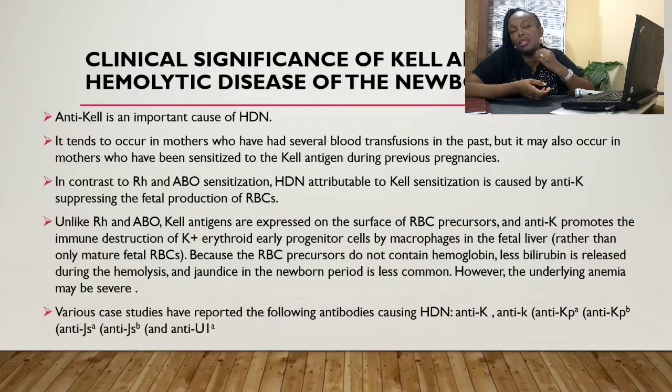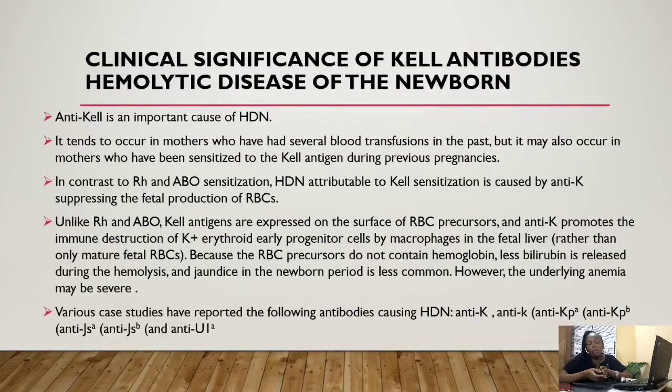And this will induce severe anemia in the baby and also cause hemolytic disease of the newborn. But the jaundice that is formed as a result of this is less severe when compared to that found in the RH blood group system.